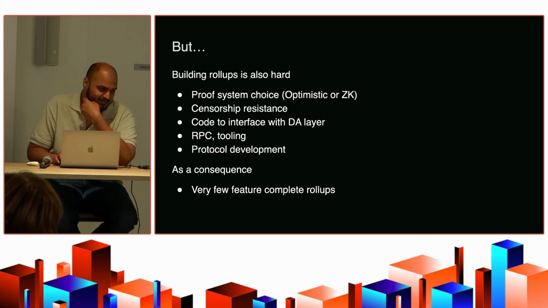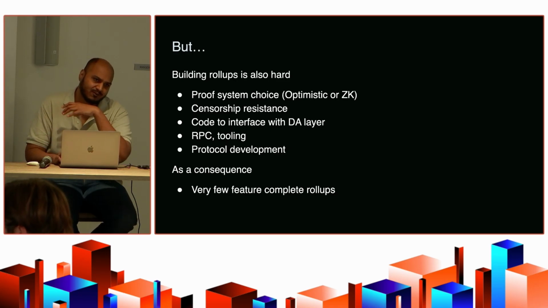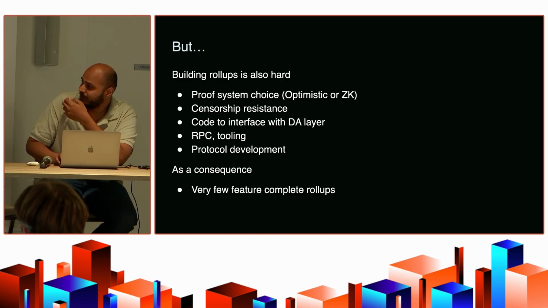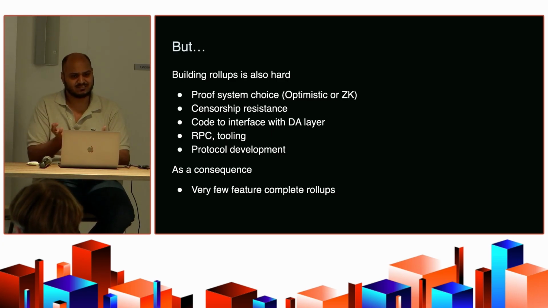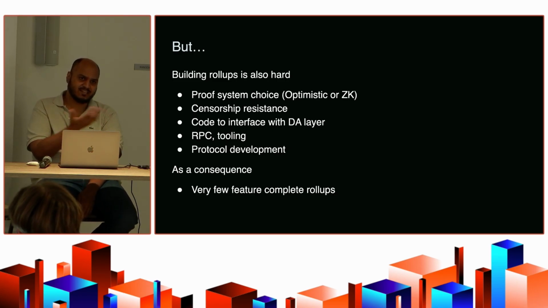And the second problem is censorship resistance. This is a commonly brought up problem: your application rollup can censor, or prevent users from interacting with the chain. So that's one other problem. And then obviously, even in a rollup, there is slightly less protocol engineering, but you do need to write code that interacts with the DA layer or whatever layer one you're using.